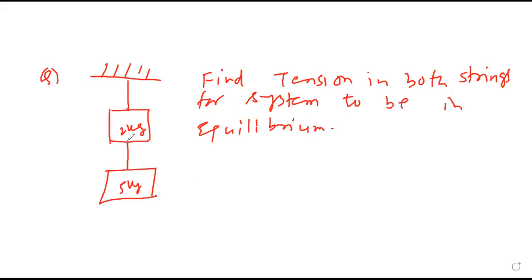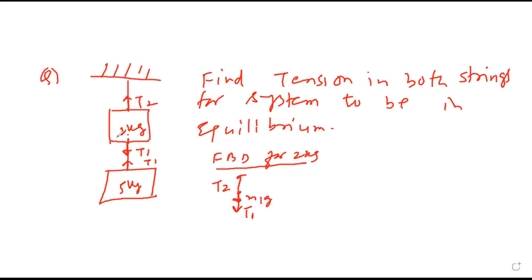So if I consider the first body, this is tension moving away, tension moving away, here tension moving away. So the free body diagram for 2 kg will be: T1 is acting downward, T2 is acting upward, its own weight m1g is acting downward, correct?